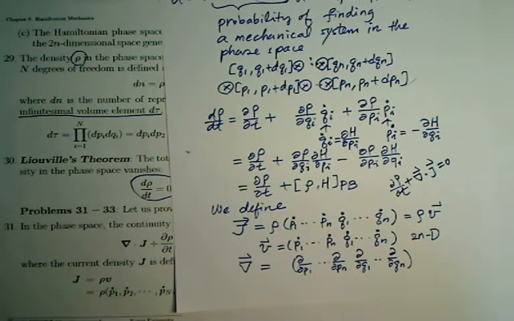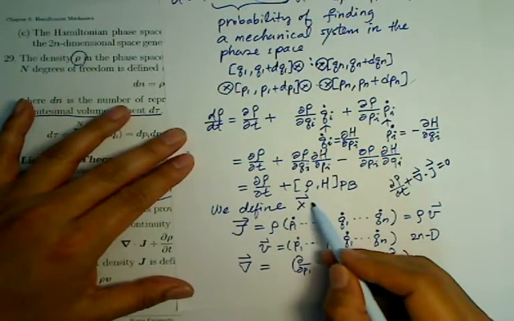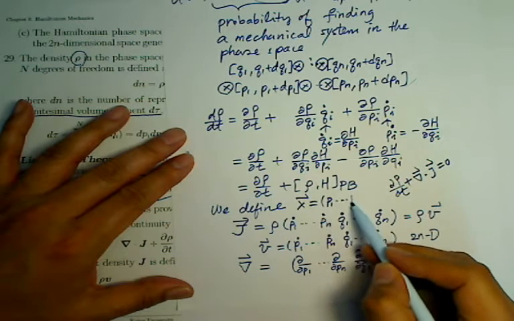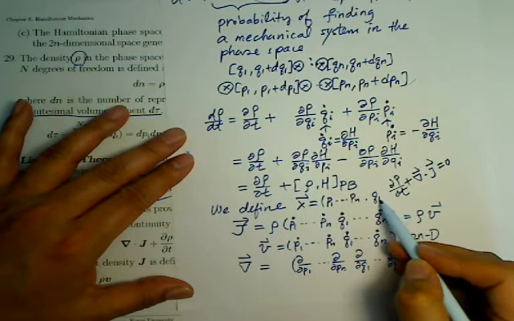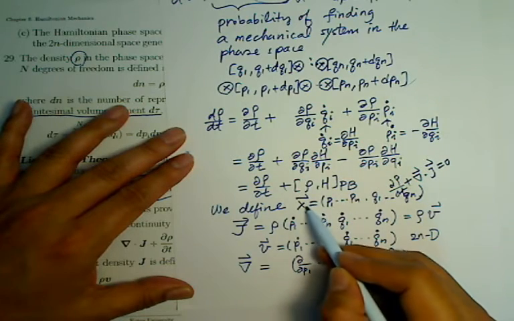In here, we are considering that the coordinates of the 2n-dimensional phase space are p1 to pn and q1 to qn. There are 2n coordinates in Euclidean space.